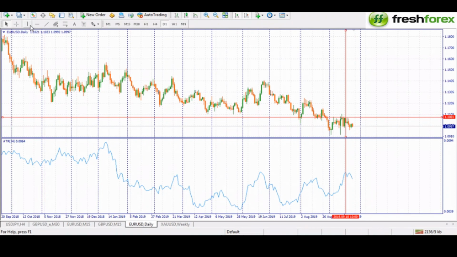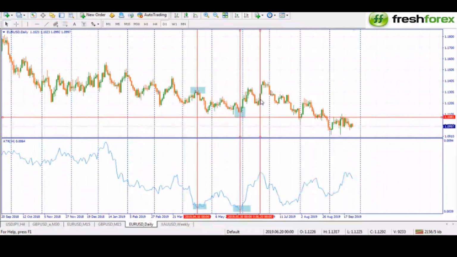We have this resistance, then we have this support. We also have this at the bottom. There's this move up to this level here. And the upper side momentum was actually a reversal before we moved down to the next point, which is here.